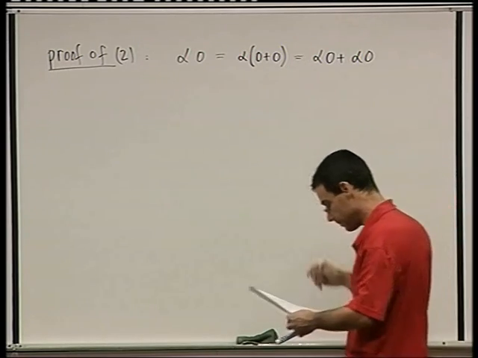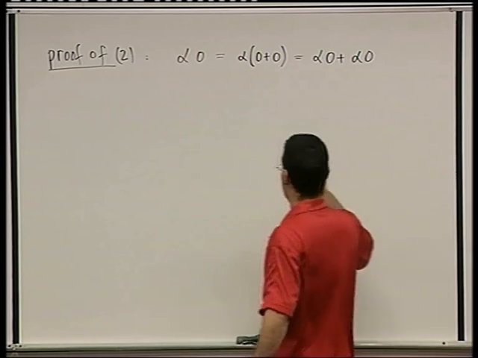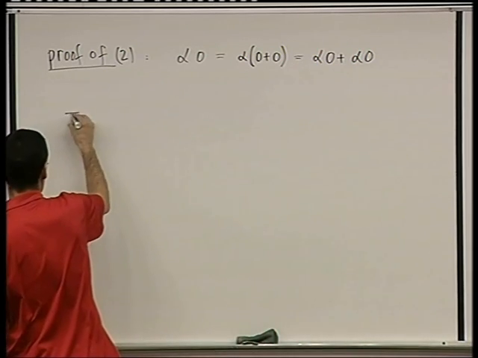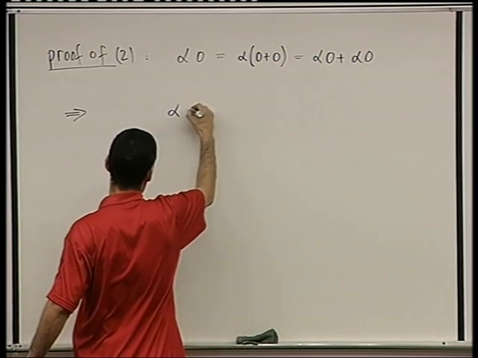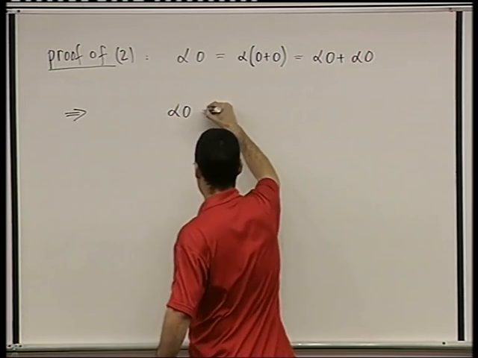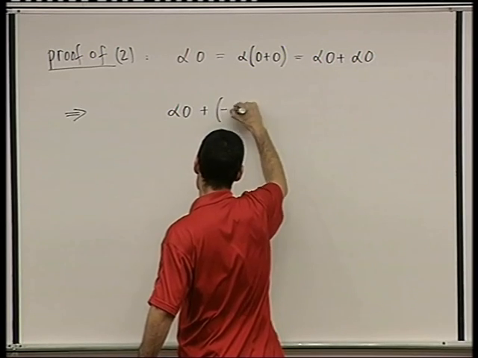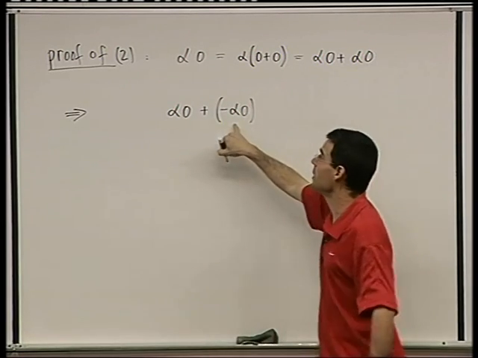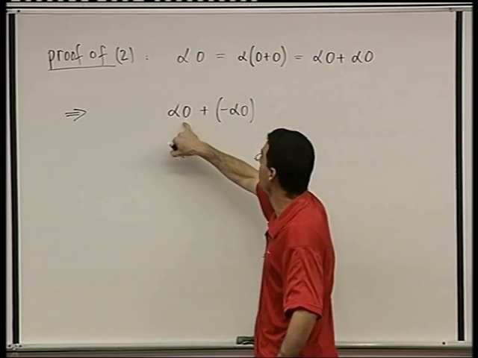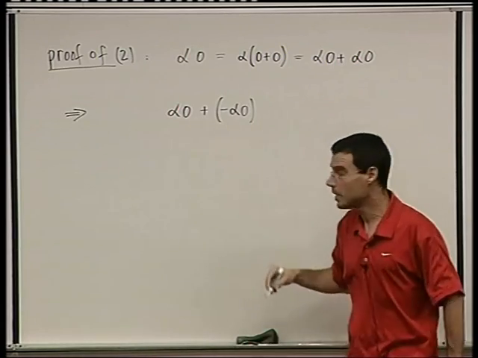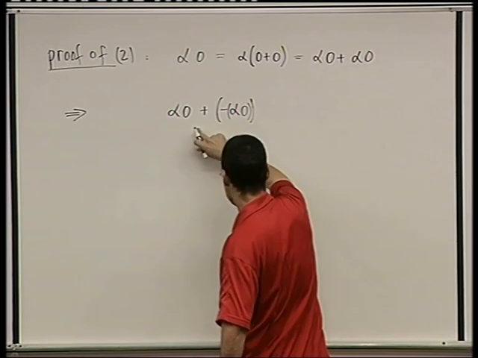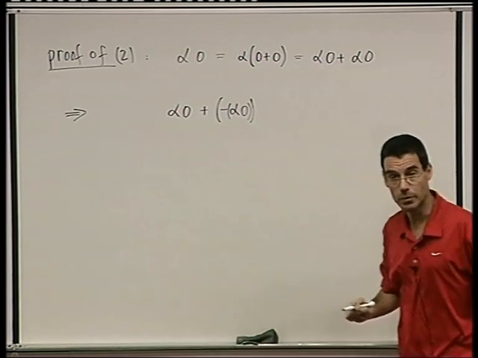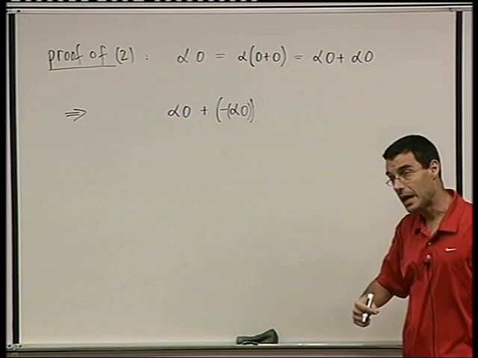Okay? Good. So now that I know this, this implies that if I take alpha times 0 and I add to it its additive inverse, and this additive inverse exists. Any element has an additive inverse. So maybe we need more parentheses here. It's plus minus alpha 0, right? Every element has an additive inverse.